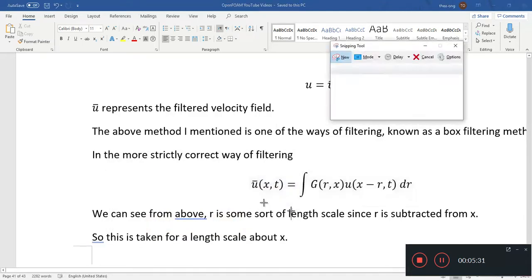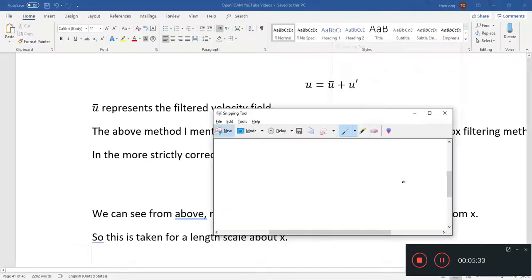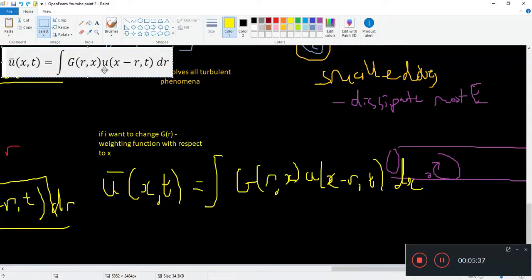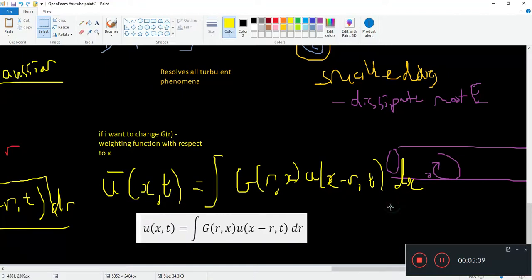So that's the final equation that you see inside the LES model. That's what it looks like.